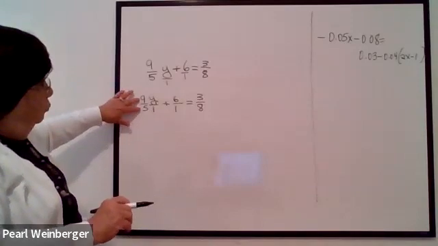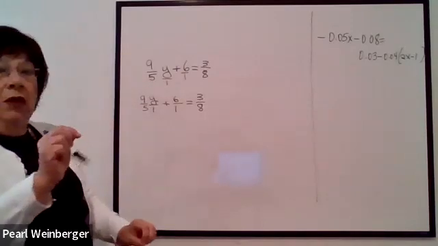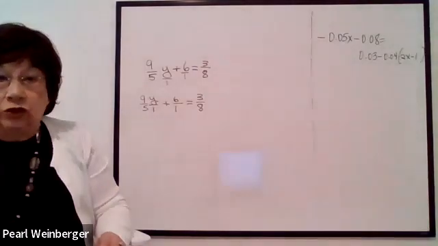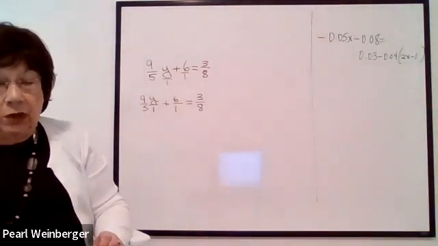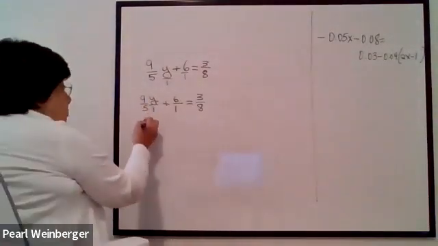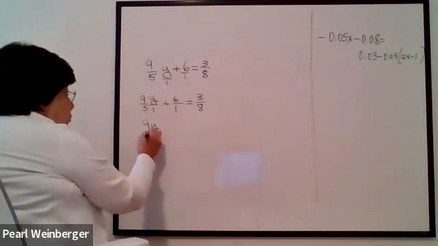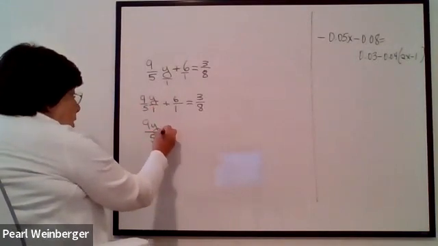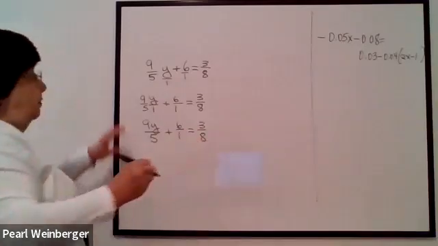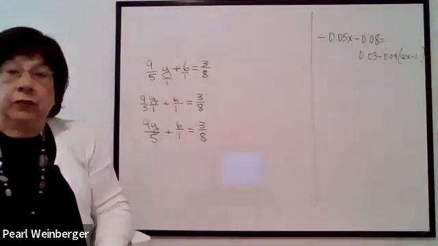And here I have 2 things. I have a 9 over 5 times a y over 1. Now remember, when you're multiplying fractions, what you do is you multiply the numerators and you multiply the denominators. So this will become 9y over 5 times 1, which is 5. And now we have everything written as a bunch of individual fractions.